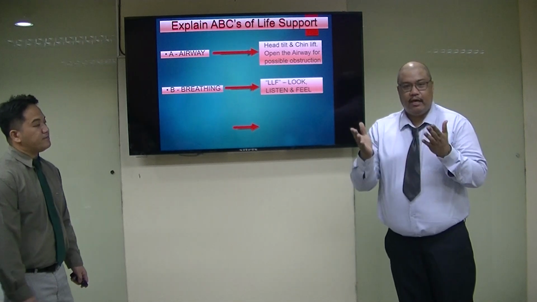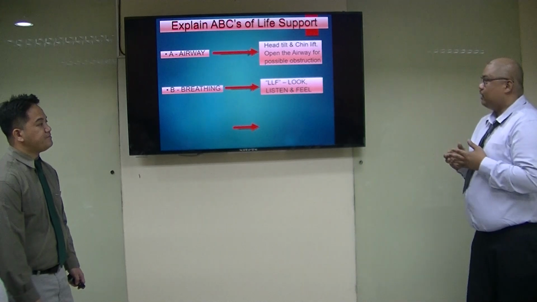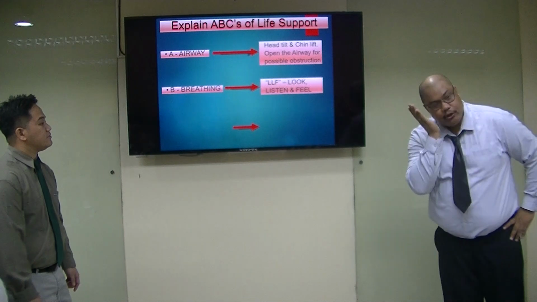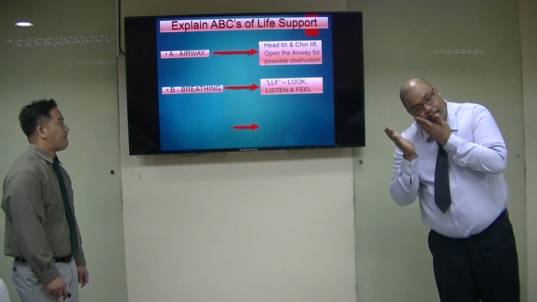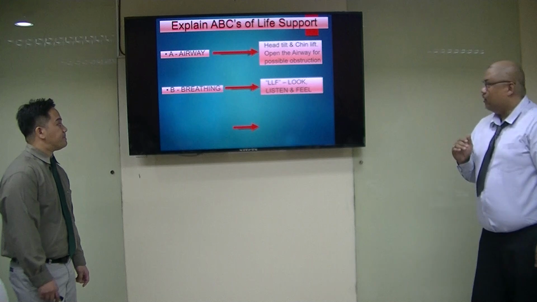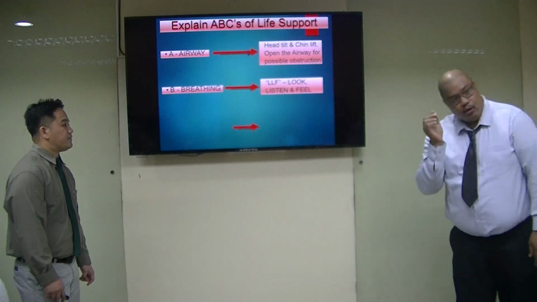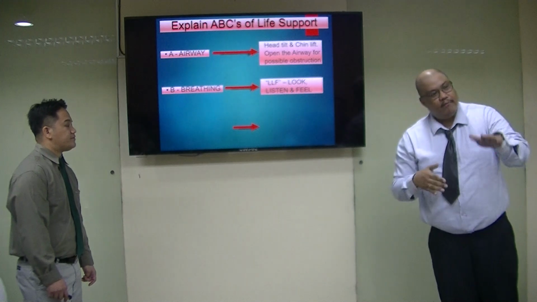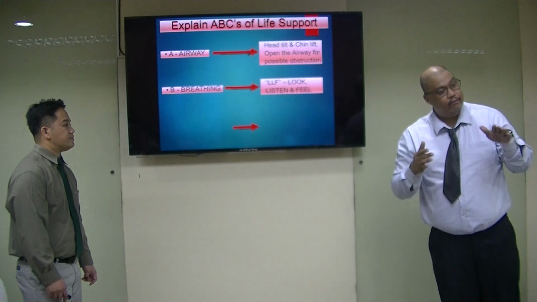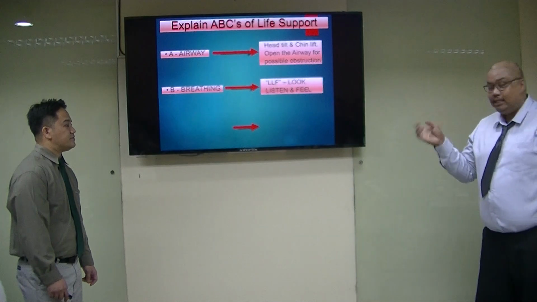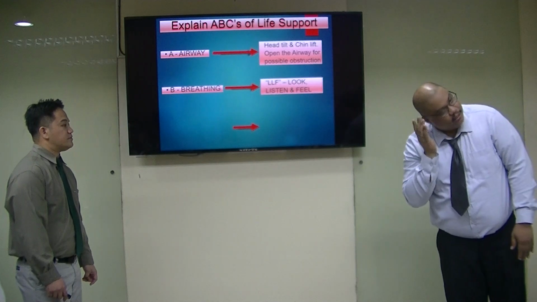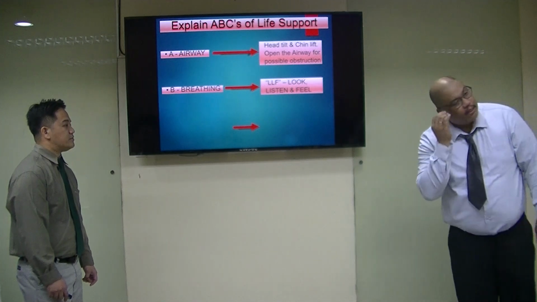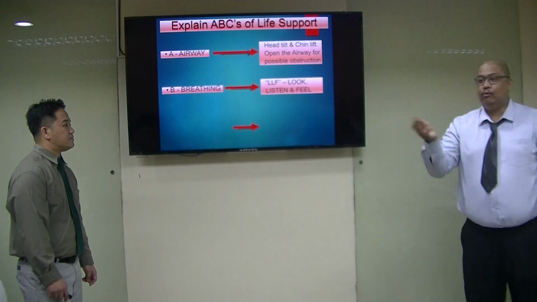When you are checking the breathing of the victim by mouth or by nose, you must place your chin near to his mouth and nose to feel, and look at his chest, if it is going up and down, to see if he is breathing or not. And you just listen. If he is breathing, you can hear the sounds. And also feel. You can feel the air coming from his mouth and also his nose.